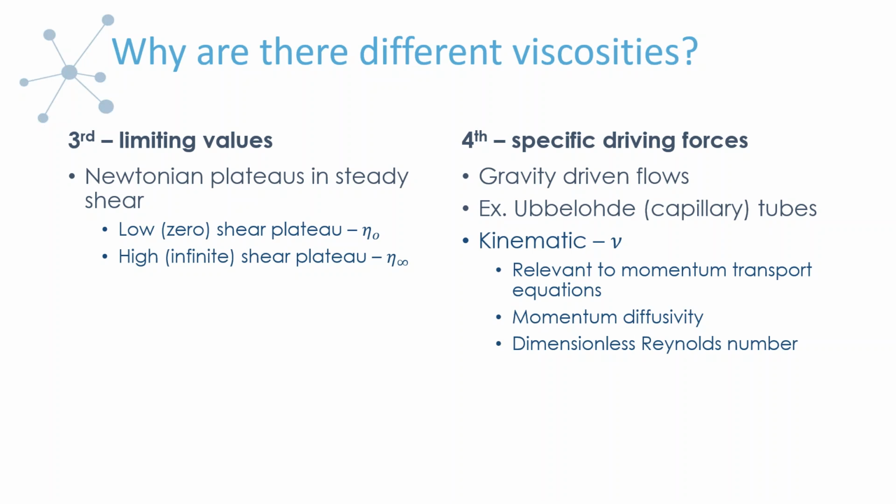An example of a gravity-driven flow where kinematic viscosity is generally measured is the old style Ubbelohde or capillary tubes. It also has relevance, which may not be clear to people who aren't familiar with transport theory, when you're dealing with the conservation of momentum equations. It's generally defined as momentum diffusivity, so it's quite analogous to thermal diffusivity or mass diffusivity.